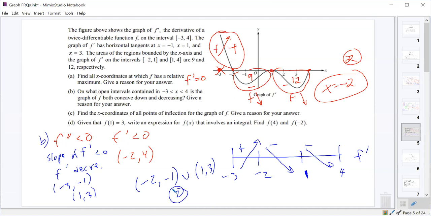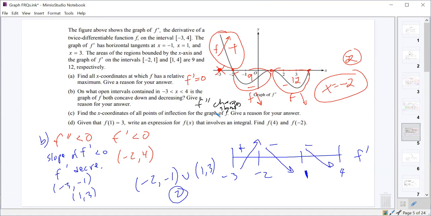Good or no? Good. All right. Part C asks us for points of inflection of f. So points of inflection of f should be when f double prime changes signs.